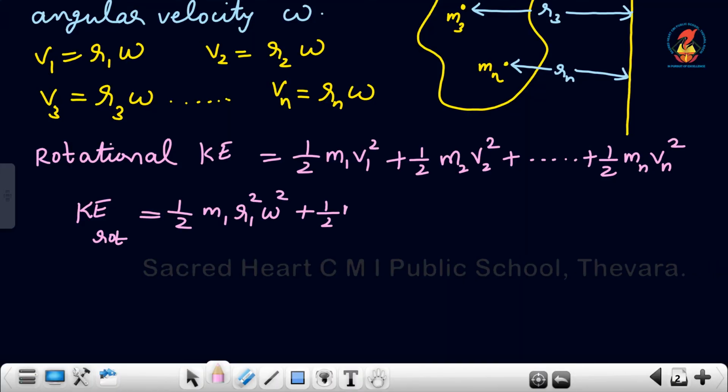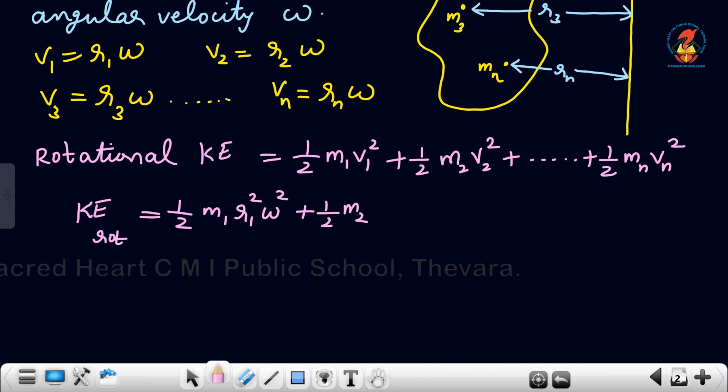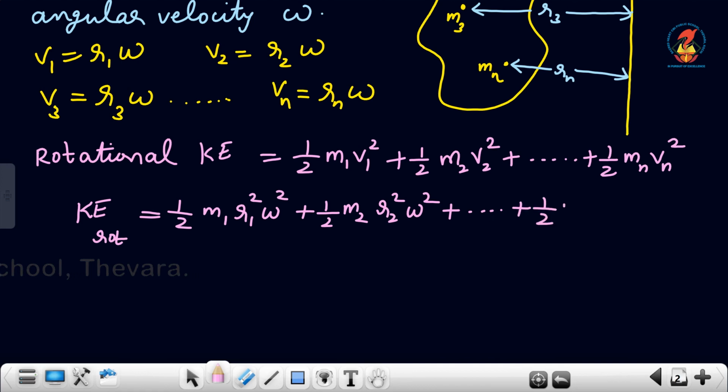So the rotational kinetic energy, KE subscript ROT, is half m1 r1 square omega square plus half m2 r2 square omega square plus etc. plus half mn rn square omega square.